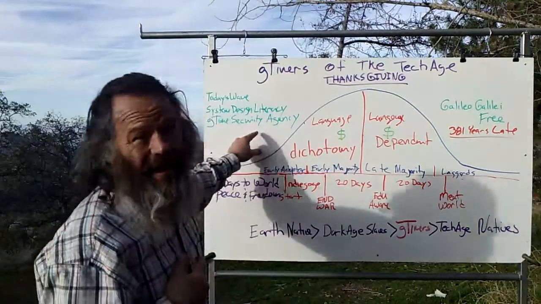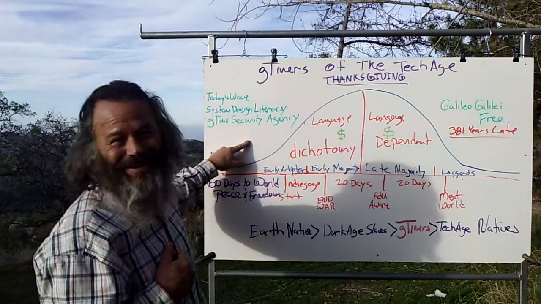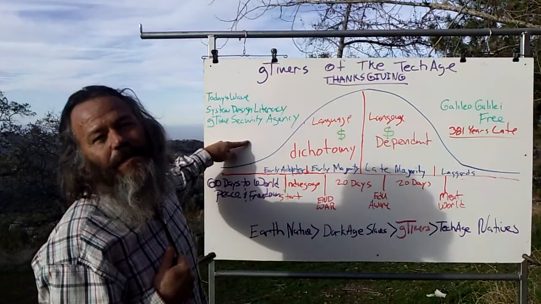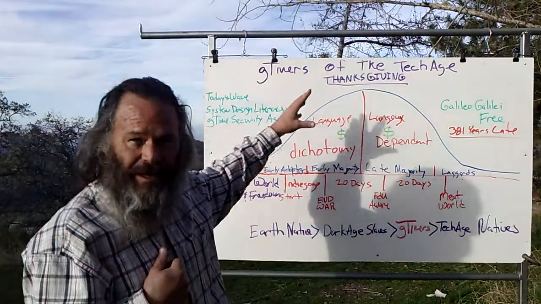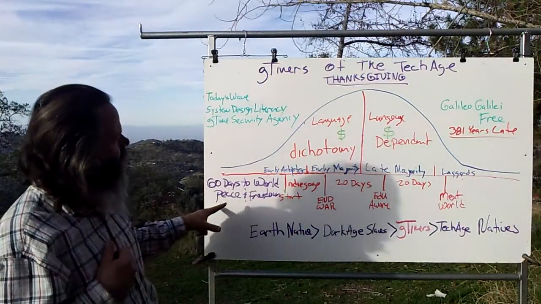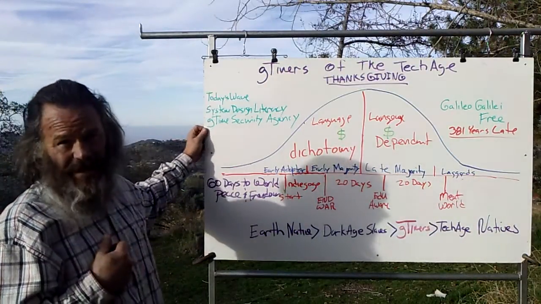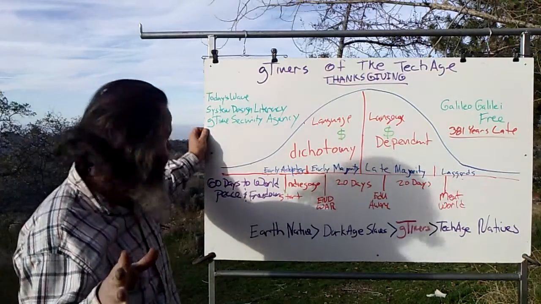And we can identify the dark age danger that's in our species right now. That's what gTimers of the Tech Age is here at Indiegogo. It's a 60-day run to world peace and freedom. Once you see these three sites, you'll know what I'm about to say we can do. It's a planned viral movement.